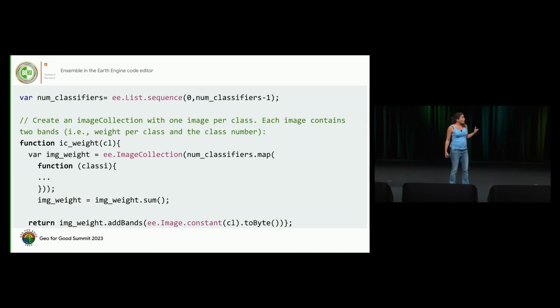So we have an image collection that is going to provide 1 image per class that we have in our classification map. And then each image is going to contain 2 bands. One of them is going to be the value of our weights, and the other is going to be the number of the class that corresponds to those weights.